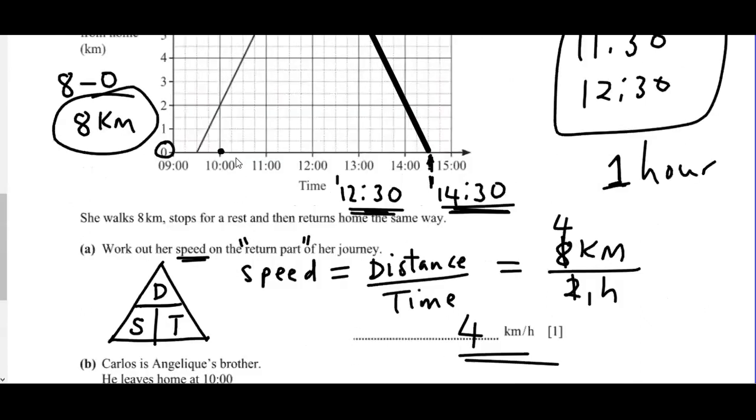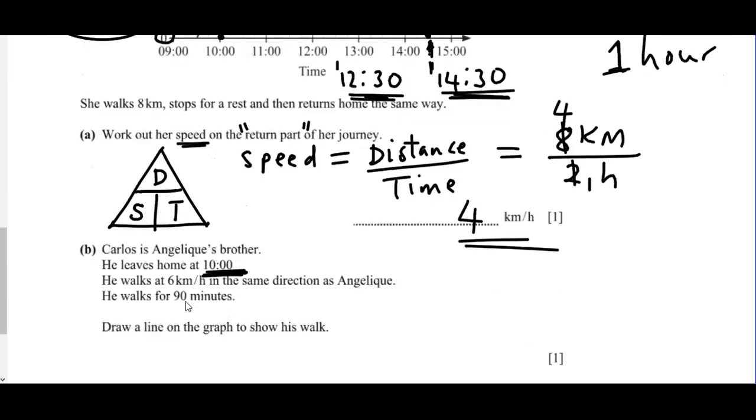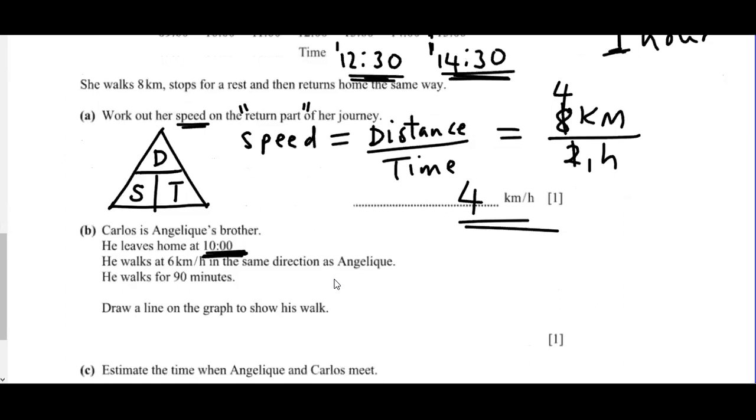Okay, so from 10 o'clock, we have to keep a border where 90 minutes ends. But remember, 90 minutes is an average of 1 hour, 30 minutes. So over here, we will be writing 90 minutes is an average of 1 hour, 30 minutes.